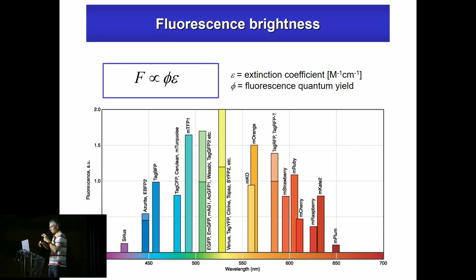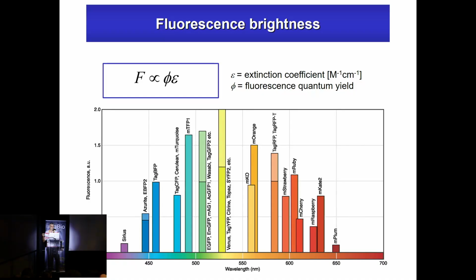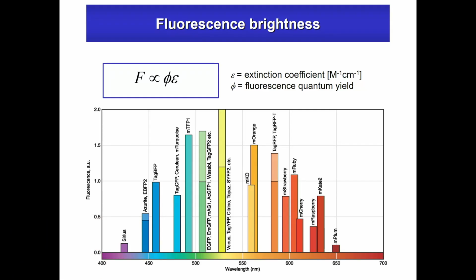So they have a tendency to relax a lot more easily by non-radiative deactivation, meaning that they have a fairly low fluorescence quantum yield. On the other side, when you think about blue fluorophores, they have a small size, and therefore they don't absorb very much light, although they can have very high quantum yield. So the best compromise is really achieved in the middle.